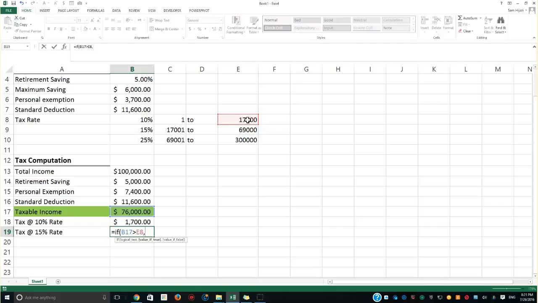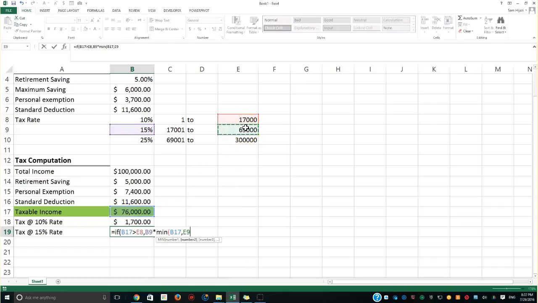So it's going to be this one here, which is 15%, multiplied by the minimum. Open parentheses, the minimum of either this or this.